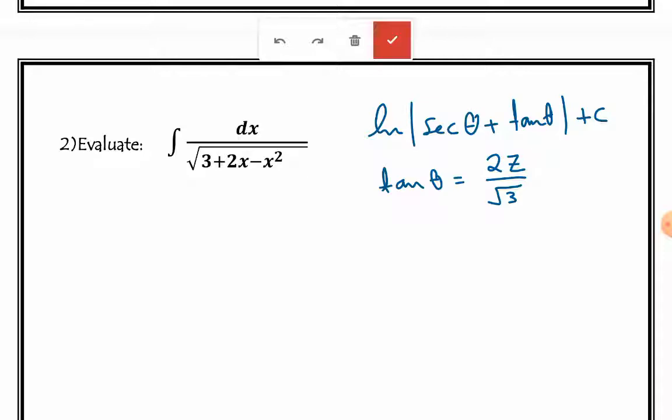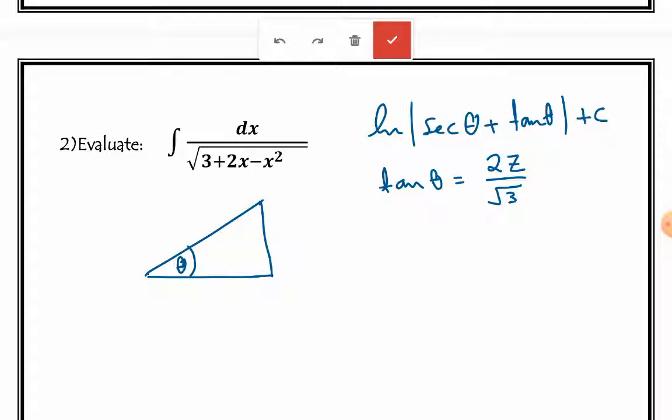Okay, and then draw a triangle. I'm going to draw here a triangle. Here is the theta, and we know that tan is opposite over what, guys? Opposite over adjacent. So the opposite will be 2z over radical 3. But we have secant.